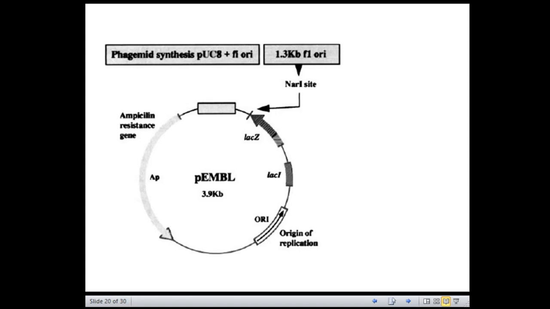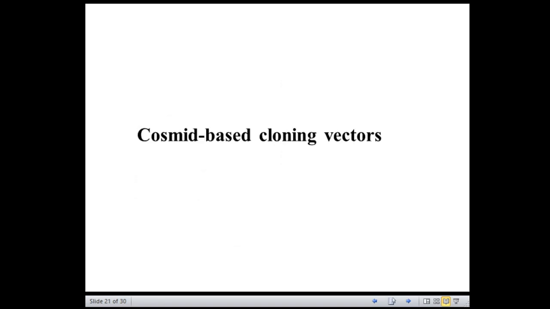And a second advantage is that it is also possible to produce RNA transcripts, which down the line can be used in the production of labeled cRNA probes, or what we term riboprobes. Okay.